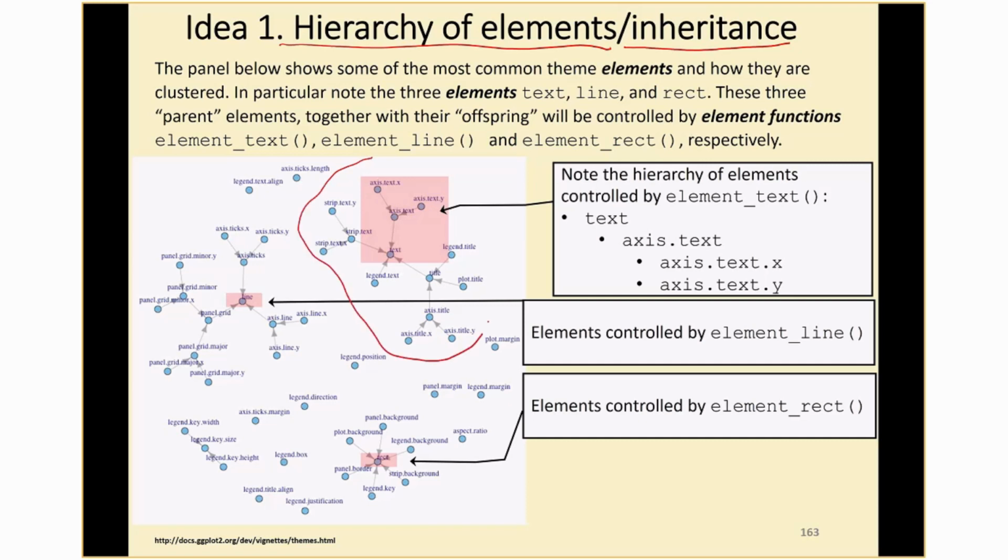If you look at what's going on here, you've got axis text X, and you've got the plot title, and you've got axis title Y. These are all text in nature, and they're going to be controlled by the element text function. And there's going to be inheritance in the sense that axis text X will inherit from axis text, and that will inherit from text.